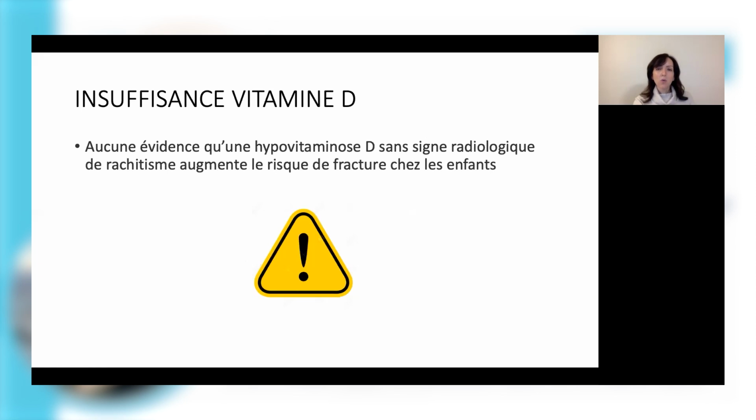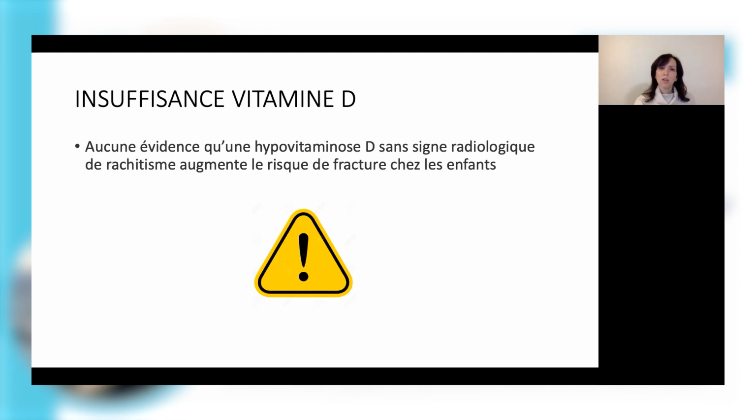And also a quick word about vitamin D. If you have a child who is only vitamin D deficient or insufficient, if he does not sustain a trauma, a spontaneous fracture will not occur. So there are lots of studies linking low vitamin D to more fractures, but these studies are all epidemiological, and there's lots of confounding effects.